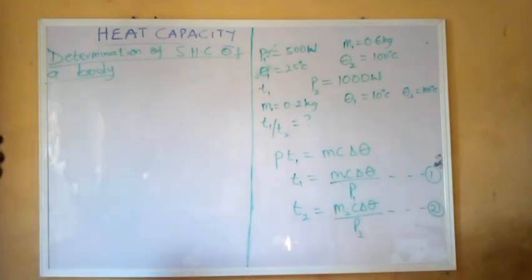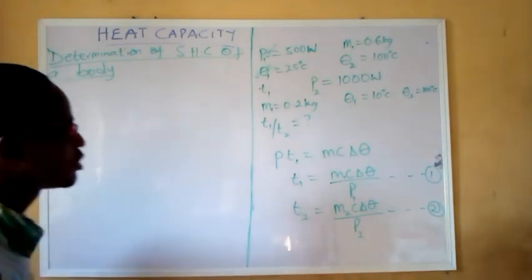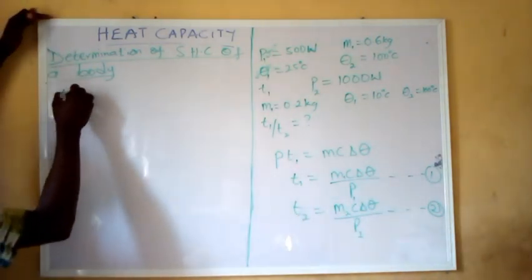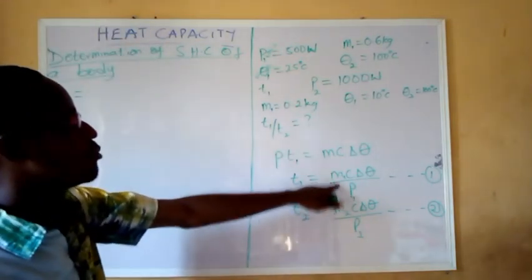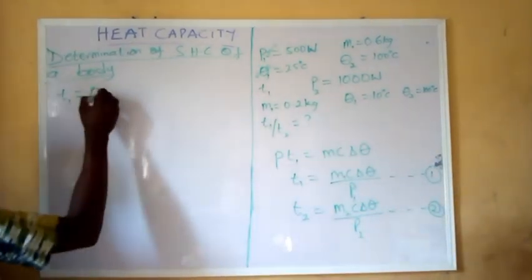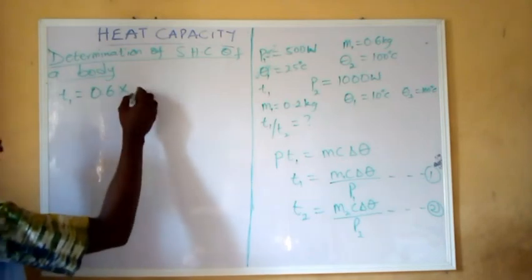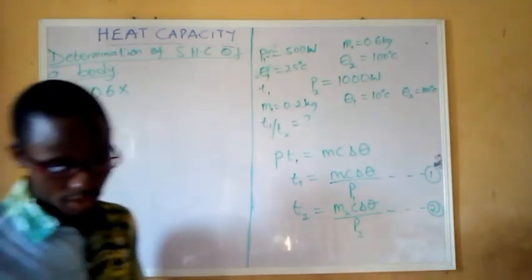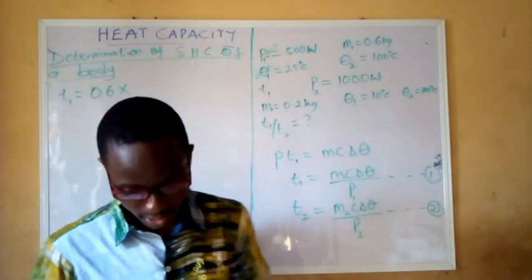So from the first phase of the question, T1 will be equal to M, which is 0.6, times C. Anyway, the constant is 4,200, but let's see whether a constant is given to us.